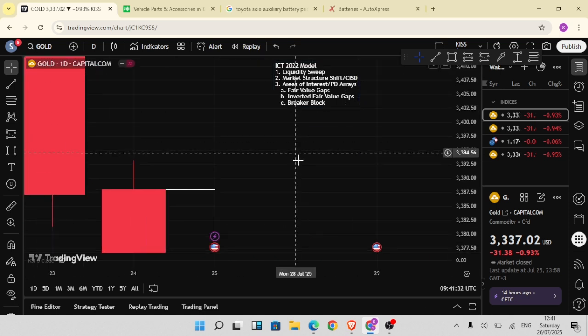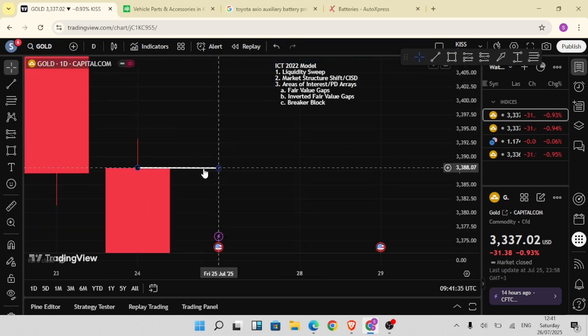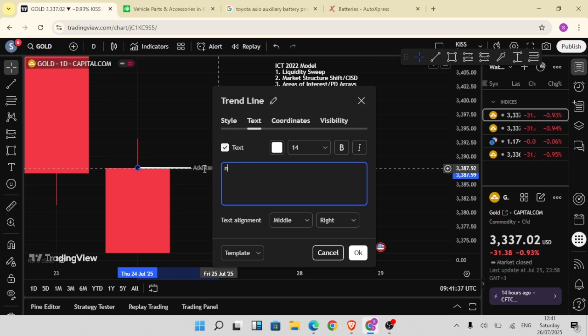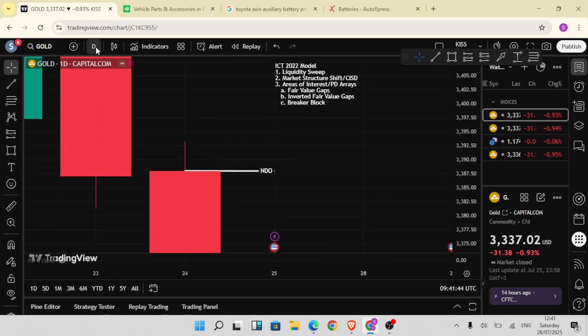Now, implementing the ICT 2022 model for our entries, we want to drop to the 5-minute time frame.